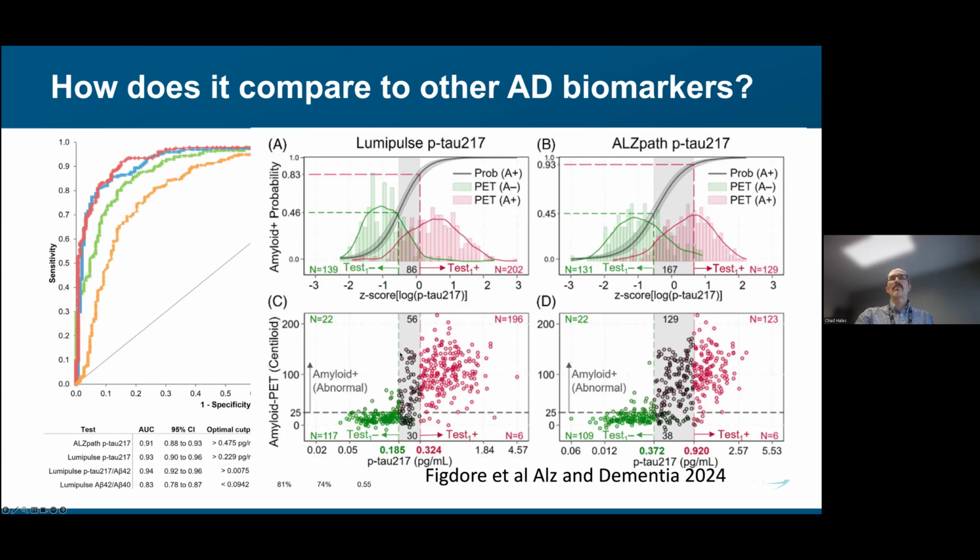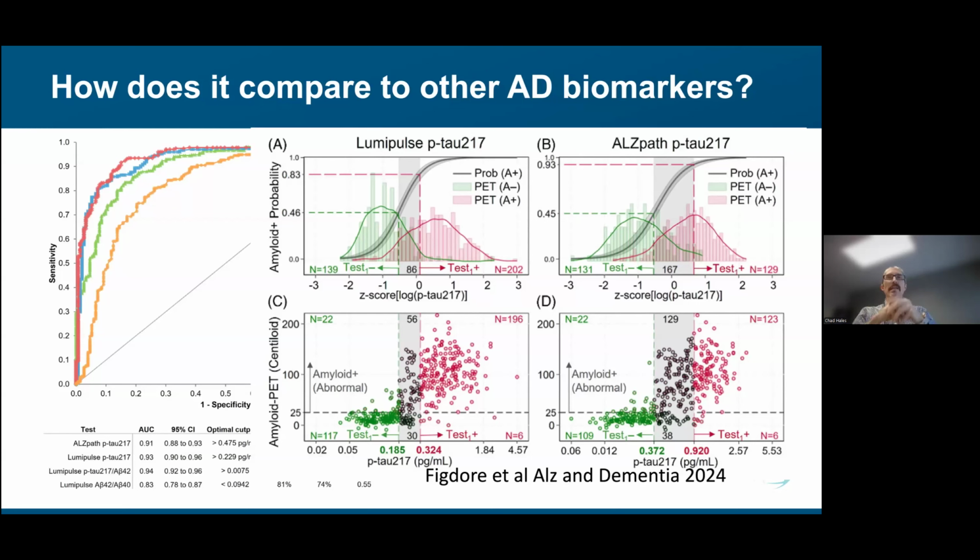Now you might say, well, what about all these people in the middle, these gray zone people? What this shows you is that there is some overlap in that range between the lower and the upper cutoffs, where the test doesn't do a good job of discerning who has a positive PET and who doesn't. And the test just recognizes that up front and says, we're not sure.